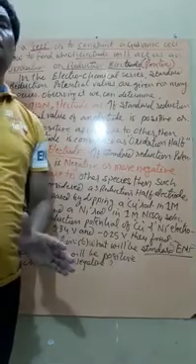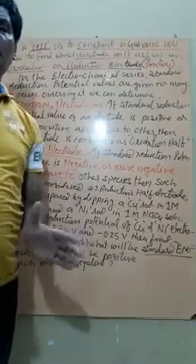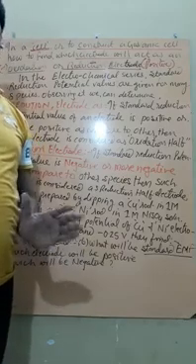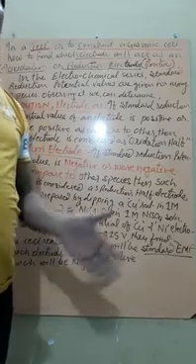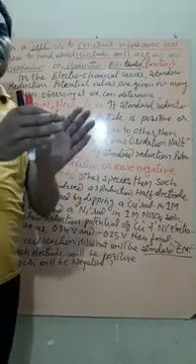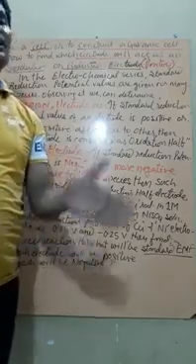Because the cell potential is the reduction electrode minus the oxidation electrode, that is, E standard reduction minus E standard oxidation, or E standard positive minus E standard negative. So very first we have to determine which will act as positive and which as negative.